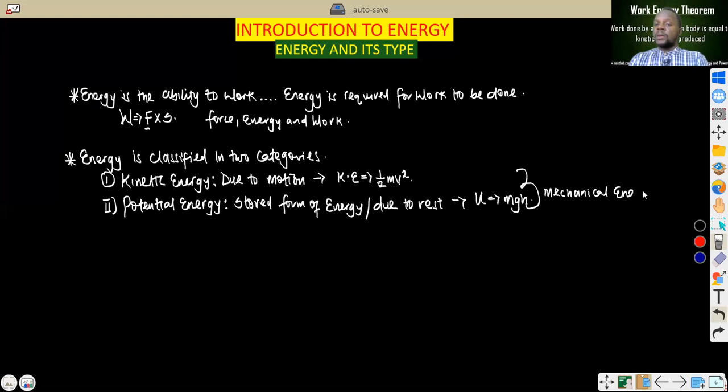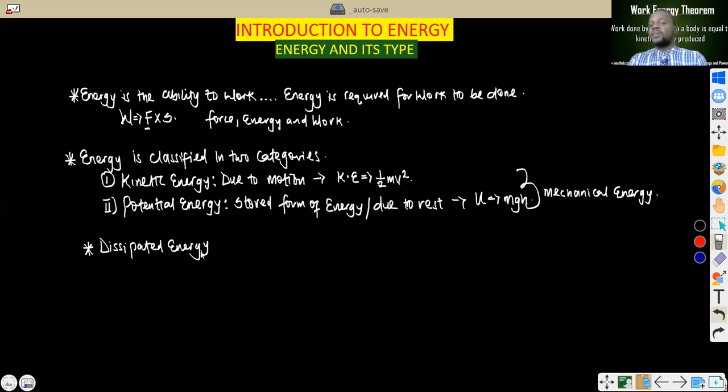Another important point on this introduction slide is that there is another type of energy, the last type I need to talk about, which I will take as a separate form. We call it dissipated energy.